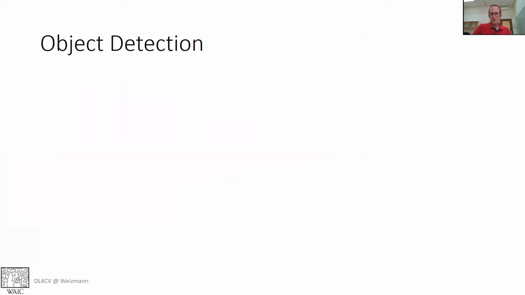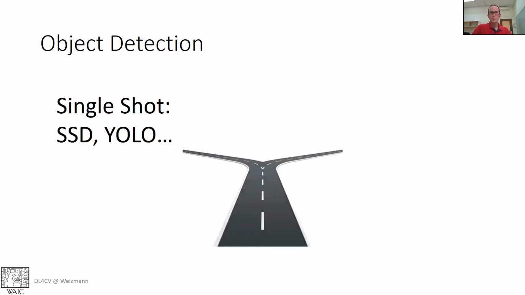So at this point, there's basically a split in the road between the main approaches or methodologies for object detection. On the one hand, we have single shot object detectors that use this fully convolutional framework in a single stage, and they use all sorts of tricks and mechanisms to overcome this restriction on the strides, size and scale of the receptive field.